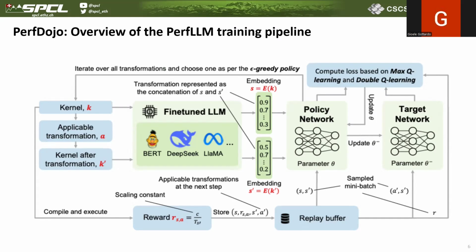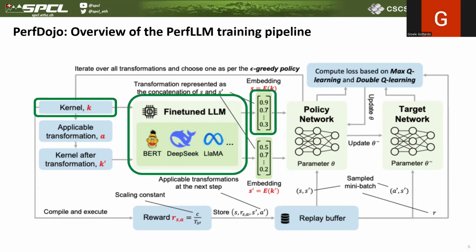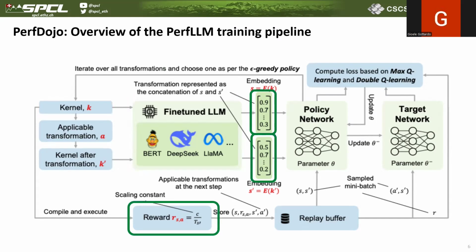So in this system, we first convert a kernel description into an embedding using a large language model, and this embedding represents the state of the system. Then we define an action as a pair of embeddings that represent the kernel before and after the transformation. And we also define the reward for the reinforcement learning system as a constant C over the runtime of the kernel.